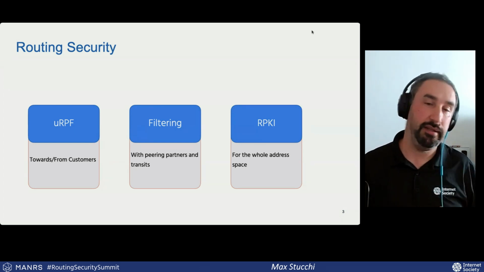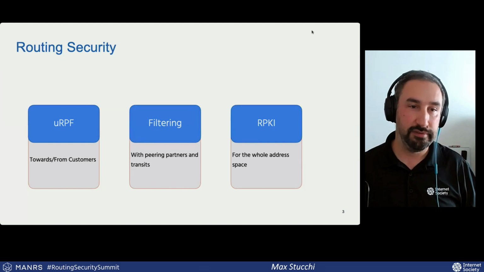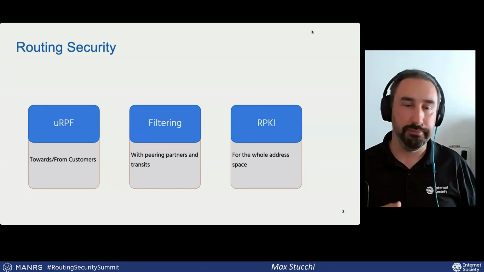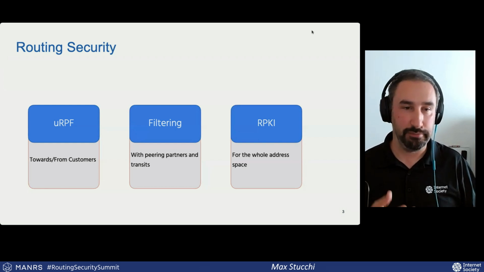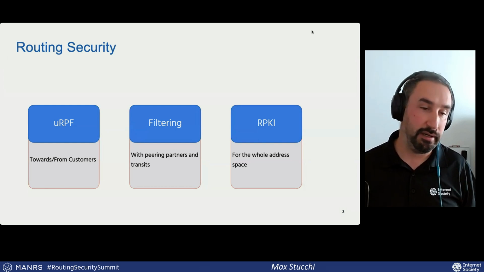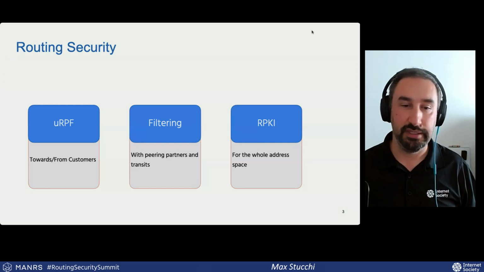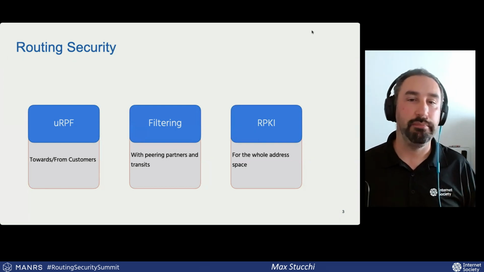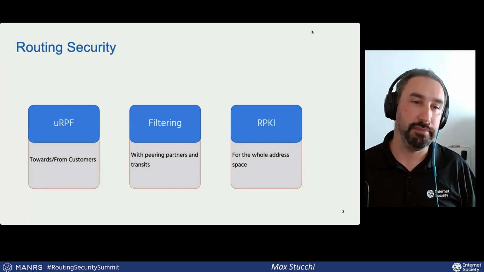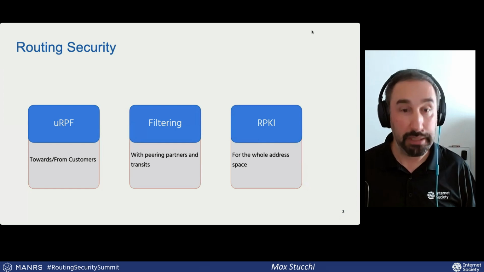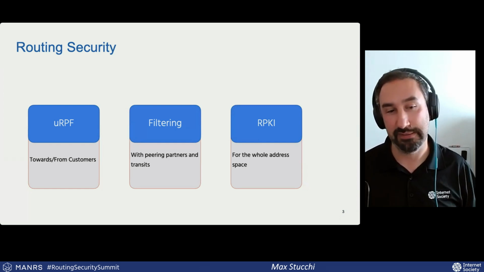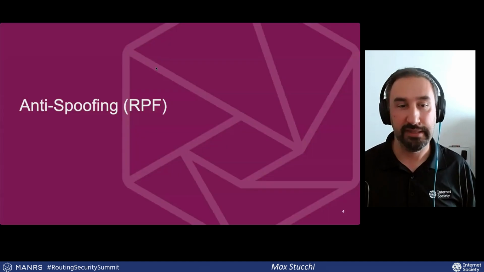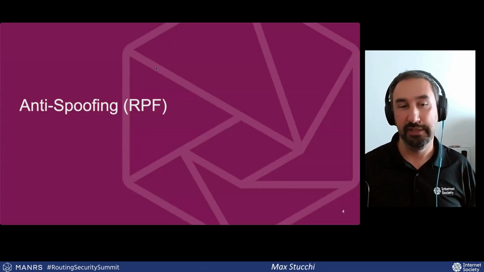Then filtering is a little less complex, but it's based on a very old structure of databases, and we'll see that. And then RPF, which is in a way the simplest one of the 3 to implement, but on the other hand is the one that might carry more complexity. Why? Let's have a look at what it is first.